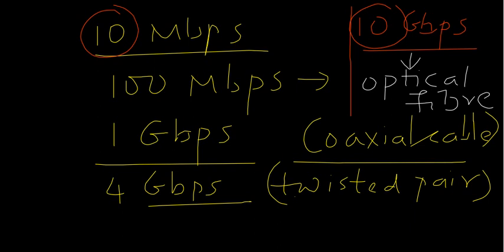Of course, on the outer side only it is physically connected. Inside, the optical signals will be going. That's a different thing altogether, right? So we can have up to 10 Gbps, and even as of now there could be even higher speeds depending upon the technologies that have been developed in Ethernet communication.